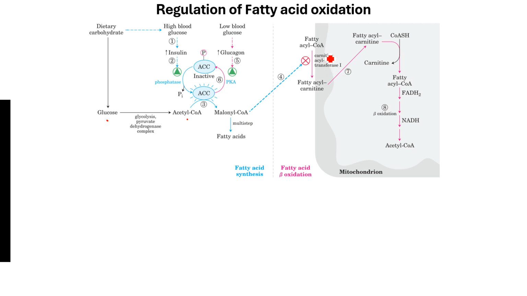Carnitine acyl transferase 1 was present on the outer membrane of the mitochondria, right? So malonyl CoA inhibits it, so that fatty acid oxidation can be inhibited. This is the main regulatory step where fatty acid oxidation is inhibited.